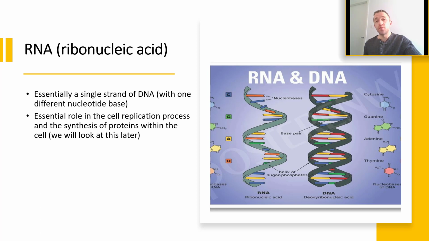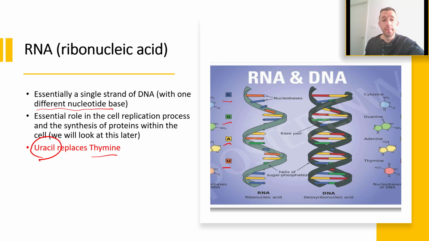It's got an essential role in the cell replication process and the synthesis of proteins, and that's something we're going to look at in detail a little later when we're looking at cell replication and cell division. Now, the difference in the nucleotide bases: instead of thymine, we've got one called uracil. So we've got our C, G, A, and U in our RNA. And RNA looks very much like a single strand of our DNA.